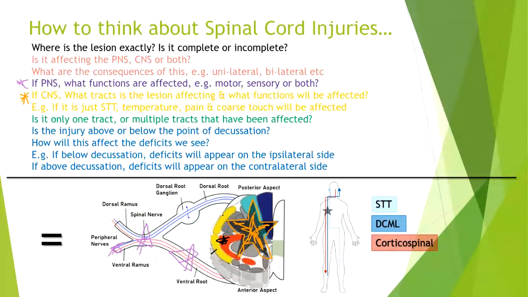So they're the only sensations that will be affected by that kind of lesion. And again, if it's only on one side, then you're not going to have a bilateral presentation. If you had a complete spinal cord injury where that whole cord is severed, that's when you're going to have bilateral symptoms. I hope that makes sense.